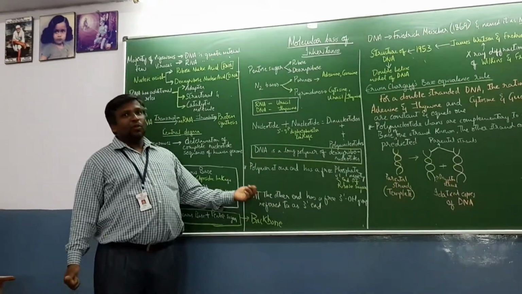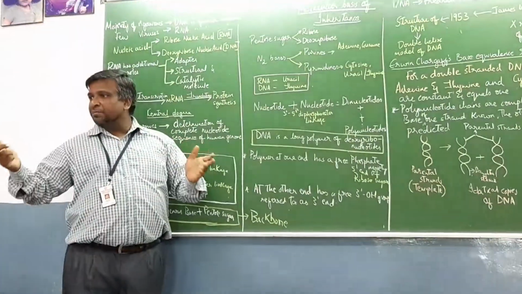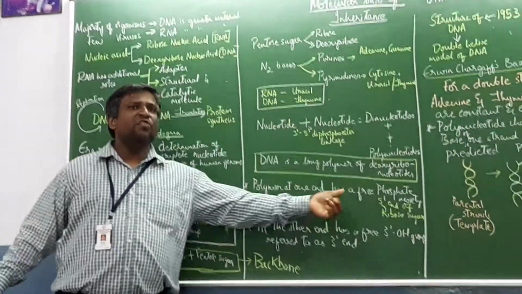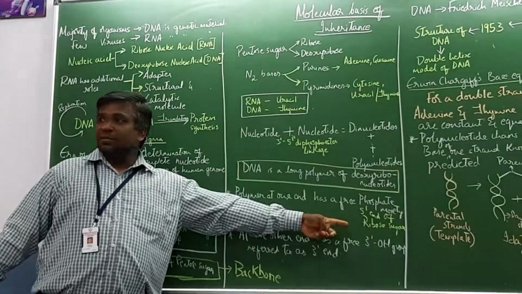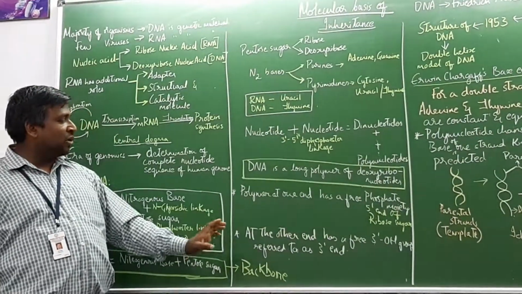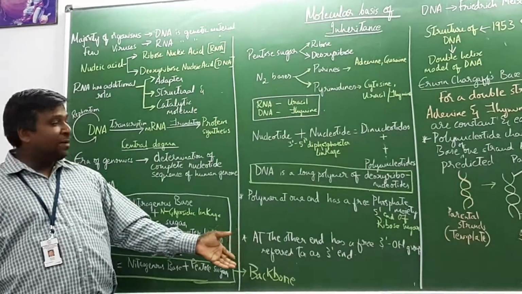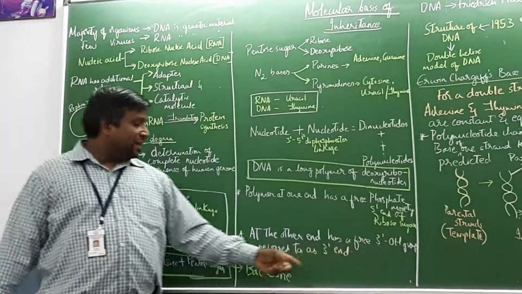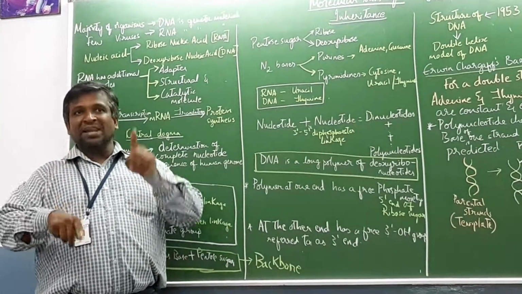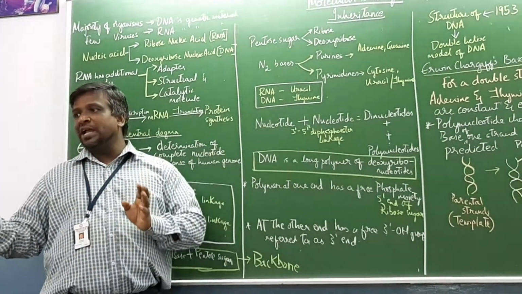Now, if you look at the 3' and 5' ends, the polymer at one end has a free phosphate group, which we call the 5' end of the ribose sugar. At the other end there is an OH group, and we refer to this as the 3' end. So there are anti-parallel strands. When we come to the structure of DNA, I'll tell you.